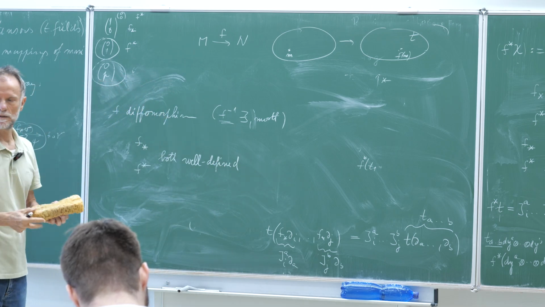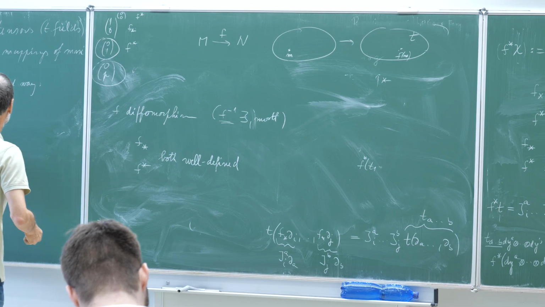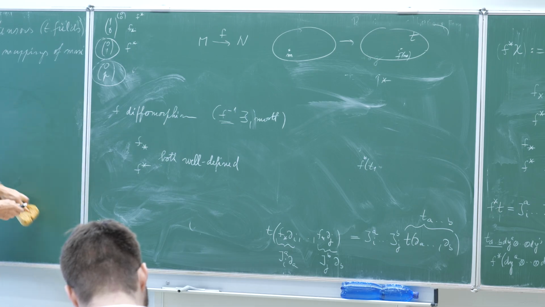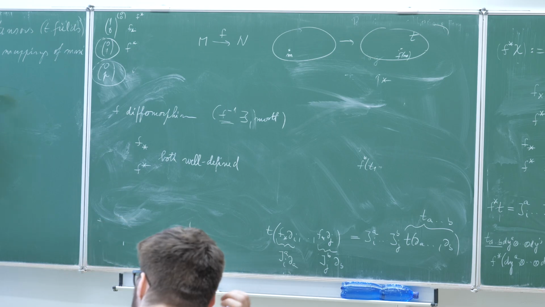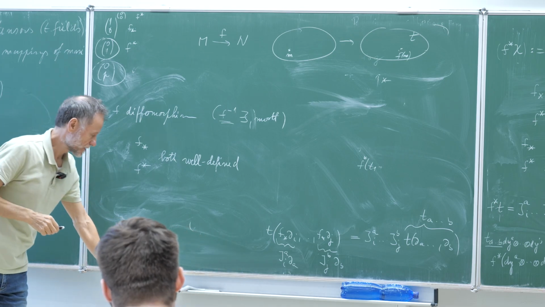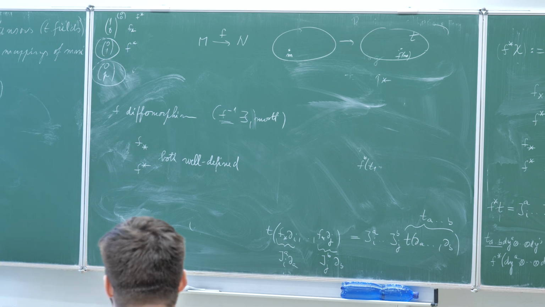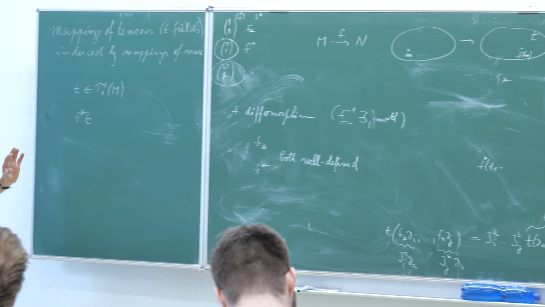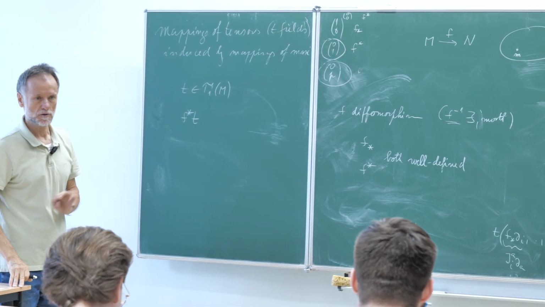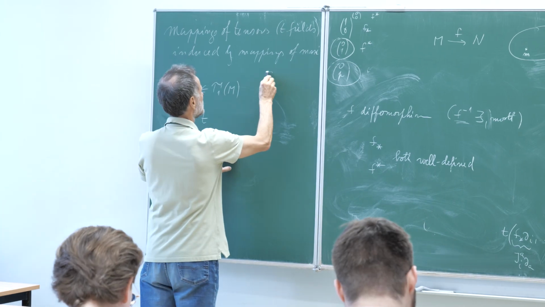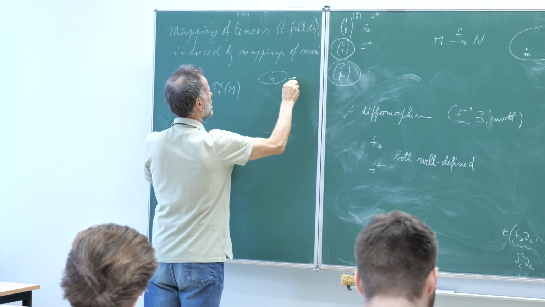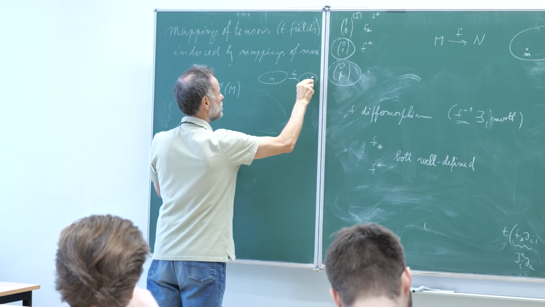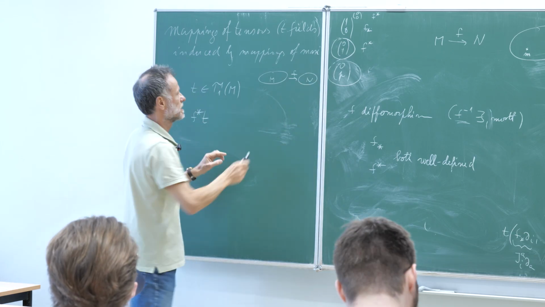So for example, take a 1-1 tensor field, and do a pullback. By definition, it is always the same type of tensor field, so a 1-1 tensor field. Yes, here is M, F, N, but diffeomorphic. Yes, now.